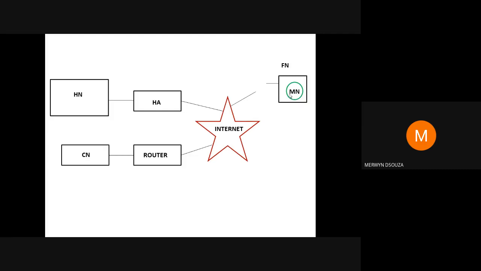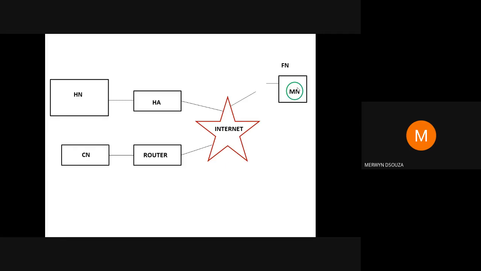3 solicitation messages, 1 per second. So why are we saying only 3 solicitation messages? Because we do not want to flood the network with such messages. Otherwise the bandwidth will be occupied with only such messages.